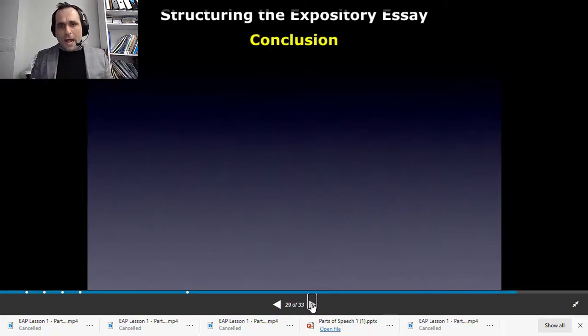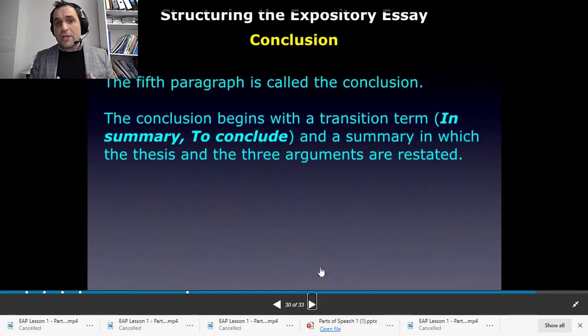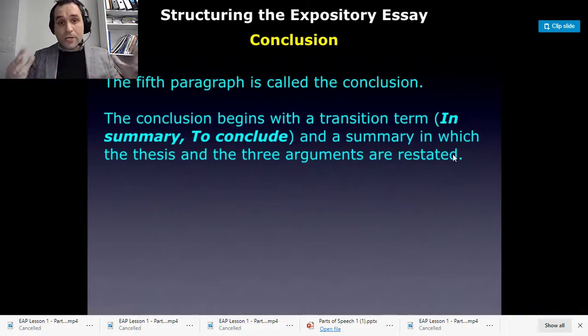Okay. Now we have reached the last stage of the essay, that is conclusion. We talked about the introduction, and we said that the introduction has to have a grabber and the thesis statement. We talked about the body of the essay having 3 paragraphs.